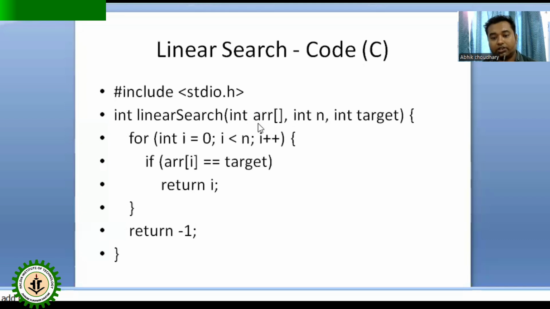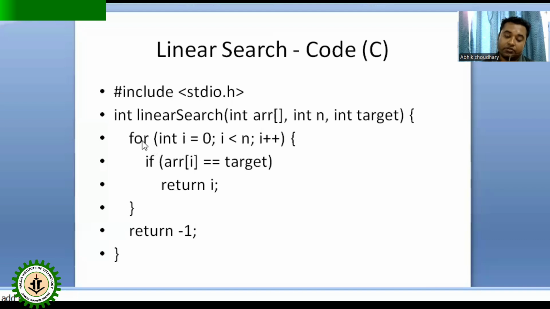Then the 3 arguments will be passed. This is the array, an integer array, second is the length of the array, which is n, and the searched item, which we have to check is in the array or not.